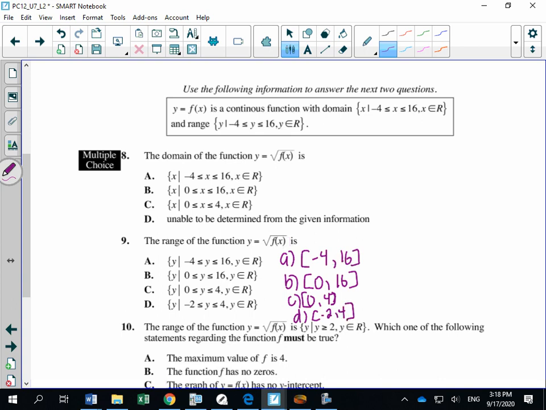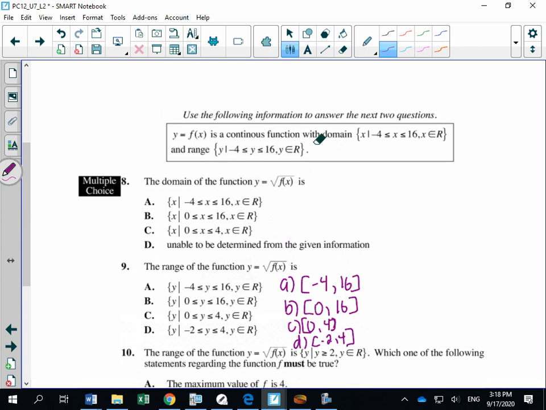Okay, so what we need in order to do number 9 is we actually need this information here. It says y is equal to f of x is a continuous function, and it has this domain here and this range here. So if I was to sketch that, it says the domain goes from -4 to 16, and the range goes from y is -4.